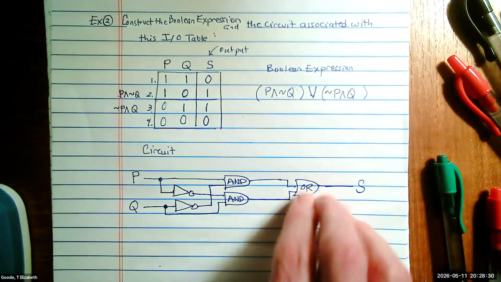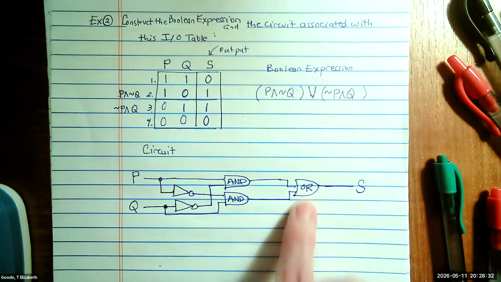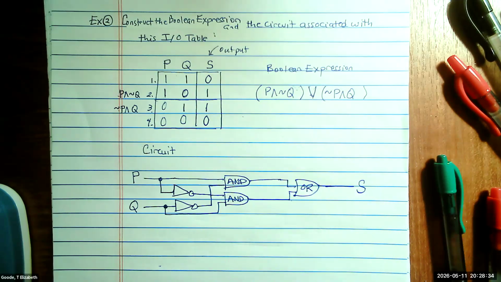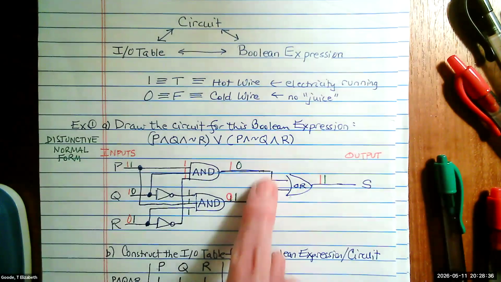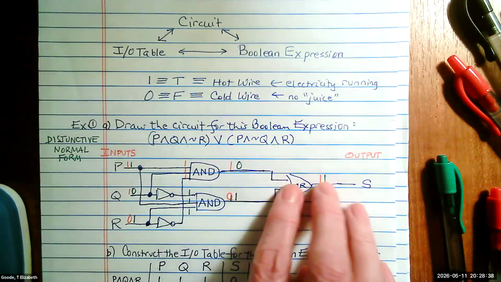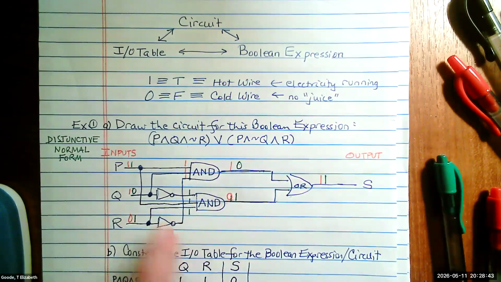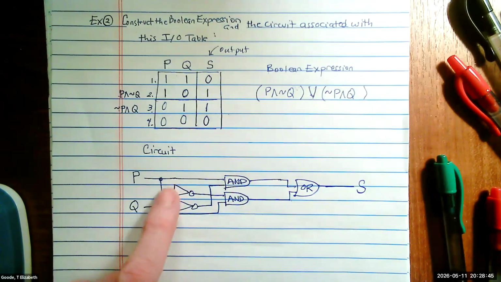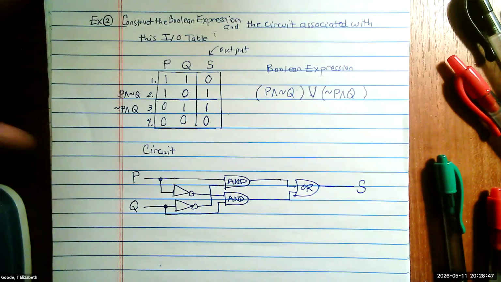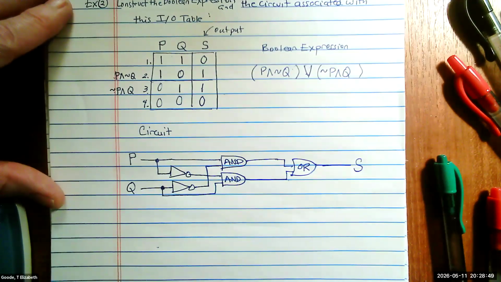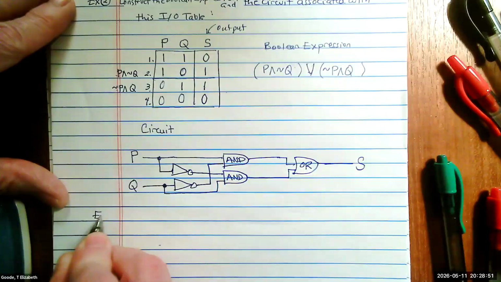The last gate is always going to be the OR gate, whether it's got two wires coming through it or a bunch of wires coming in. But then the gates before that are the AND gates, and the first gates are the NOT gates when you need them. Let me give you a do later, okay? Okay.